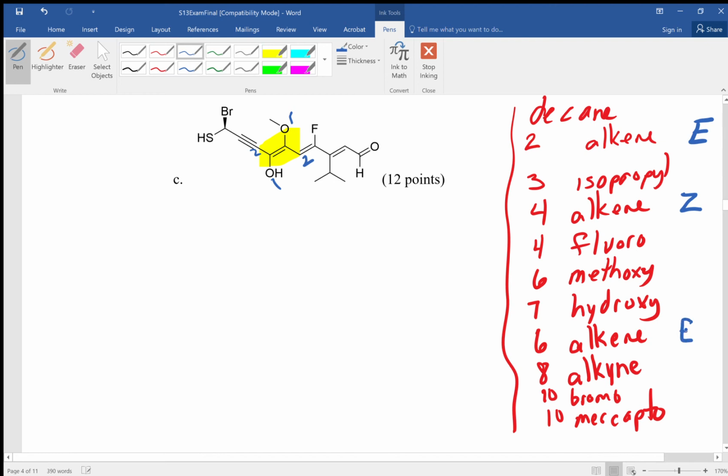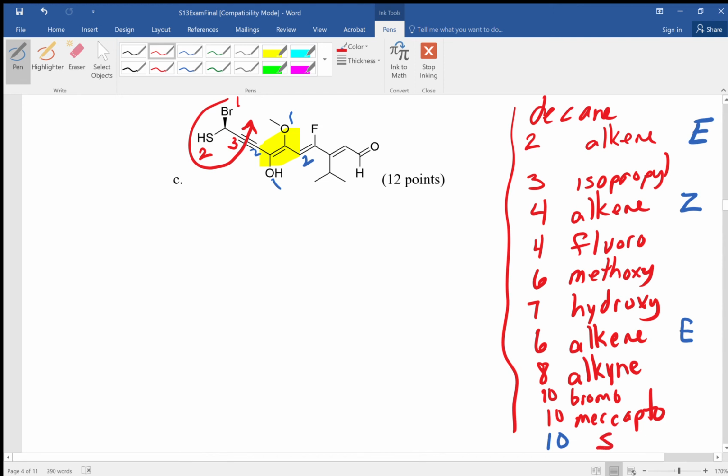That makes this one E as well. And then finally, at carbon 10, we have a stereocenter. So bromine, highest atomic number, followed by sulfur and carbon. Our lowest priority, the hydrogen, is already pointed back, so we don't have to change anything. Our arrow goes counterclockwise. That makes it S.